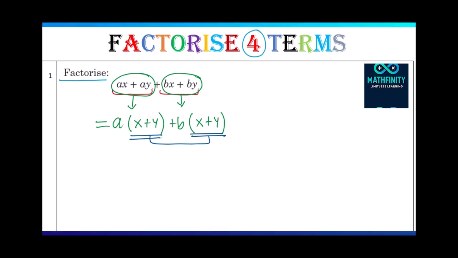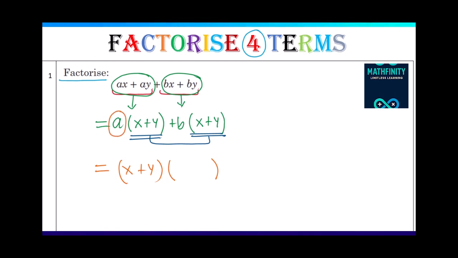Now, as these two brackets are the same, we can take x plus y outside as common. And in another bracket, we have to write the outside numbers, this plus this, a plus b. That's it. This is the way how to factorize four terms.